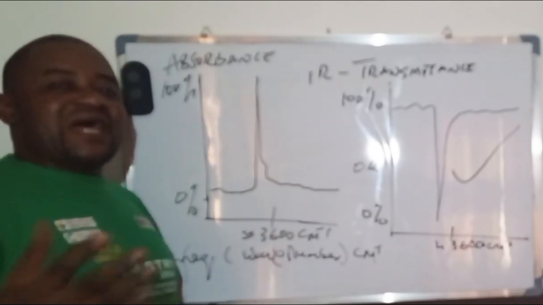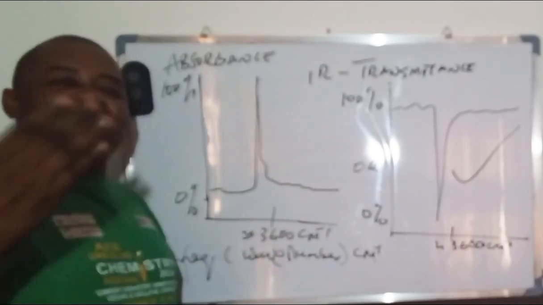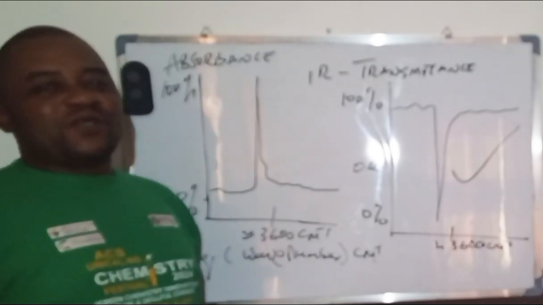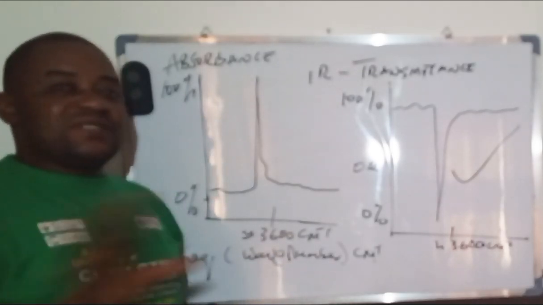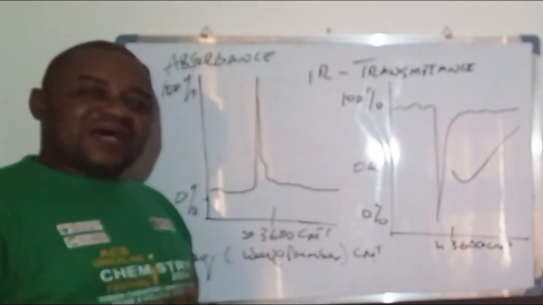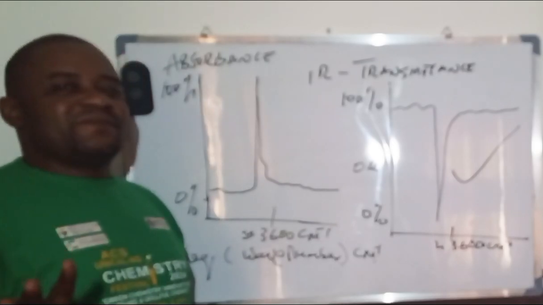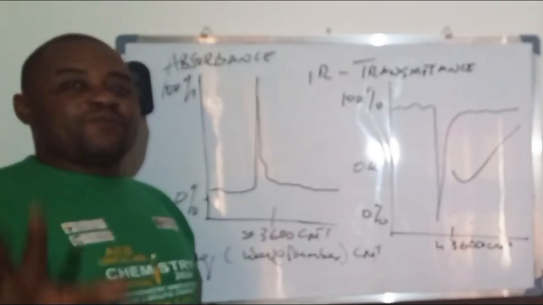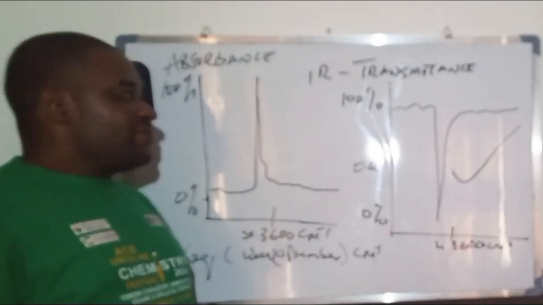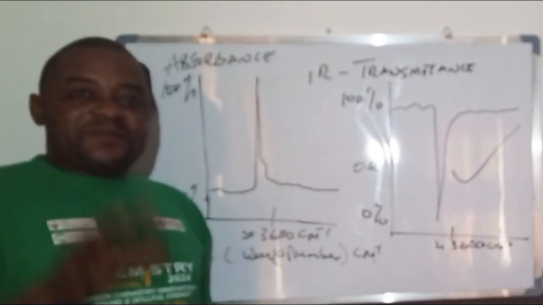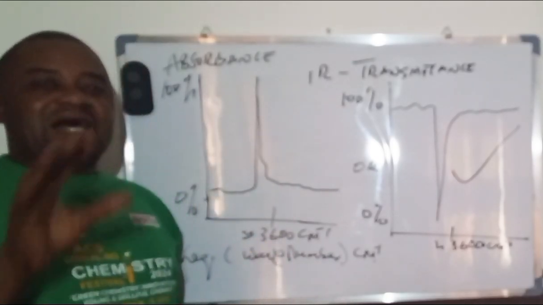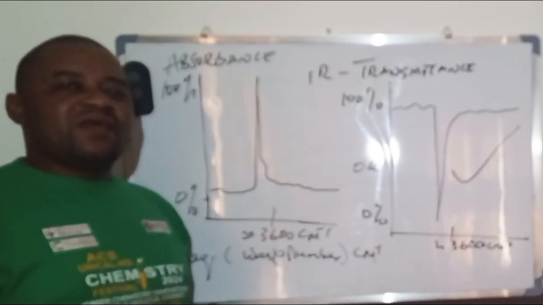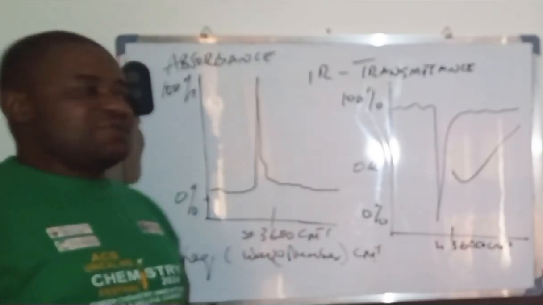It is only those that are polar in nature that can show an IR spectrum. Not all the covalent bonds in organic compounds show IR spectra, only those that are polar. We're going to go to that. But all the spectra that are shown are shown either as strong, weak, or medium.